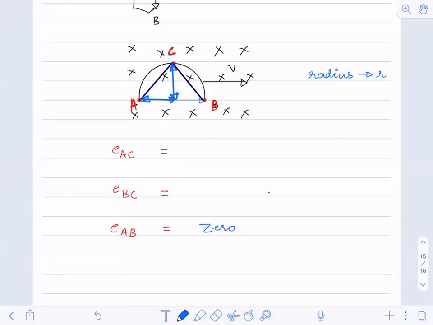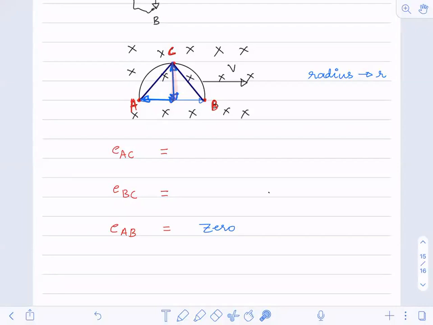Due to this highlighted portion, what is the EMF induced? 0. Now, due to this highlighted portion, is it BVL sine theta or is it BVR?